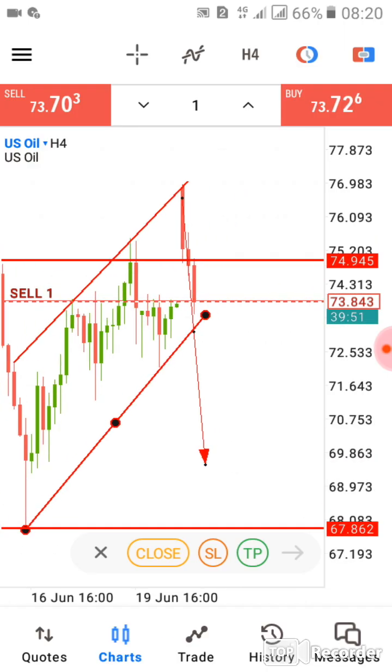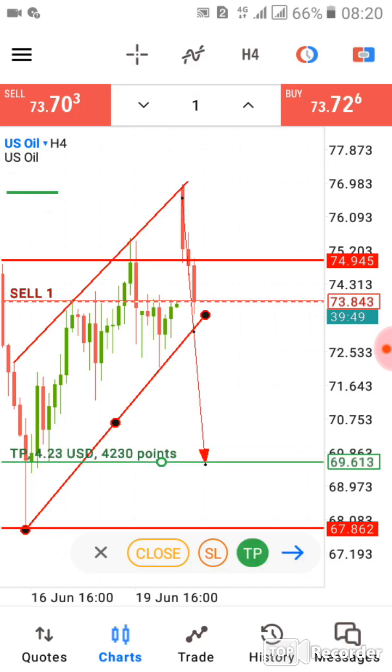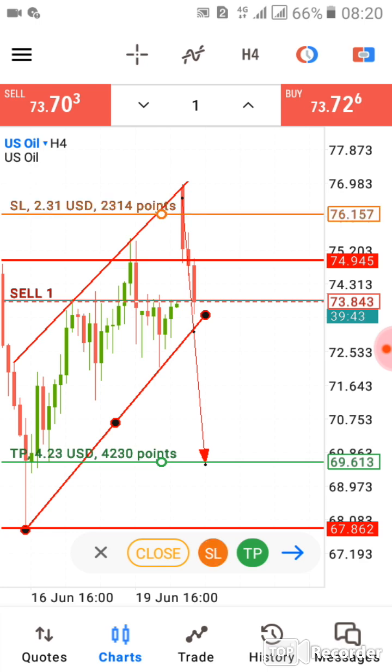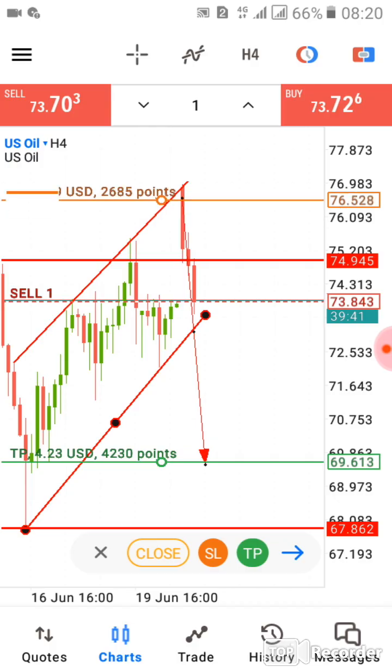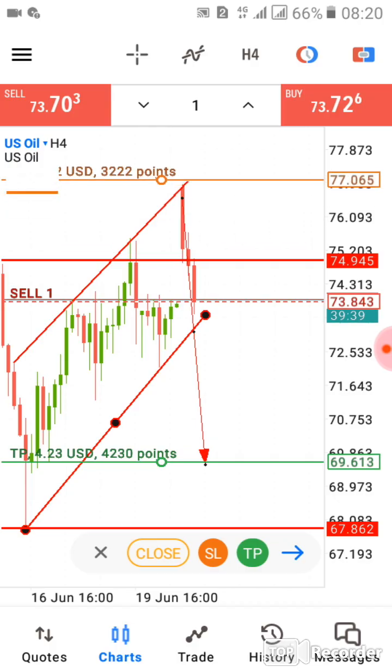We mark this point as our take profit, and our stop loss will be above this third touch.